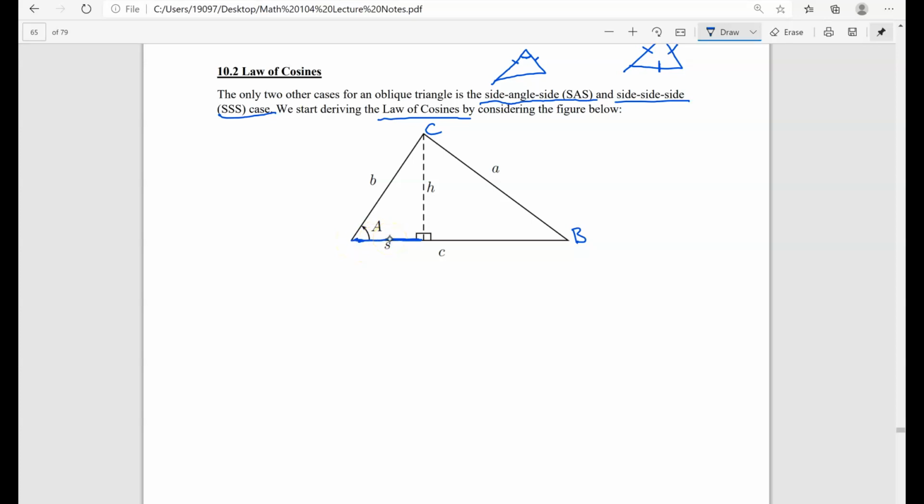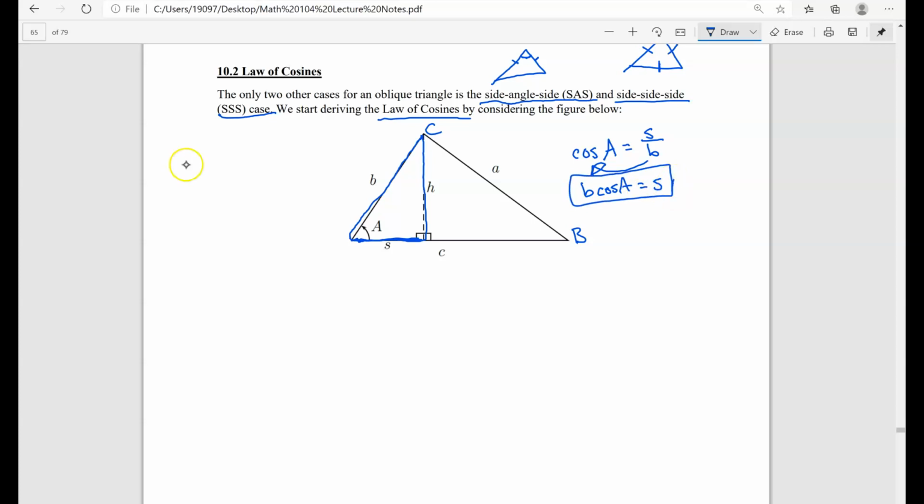The first thing I'm going to do is look at this triangle right here, and take the cosine of A. That's just going to be this side S divided by B. So when I bring the B over, I have B cosine A is equal to S. Right now, you might be wondering why I am doing this, and it'll all make sense.